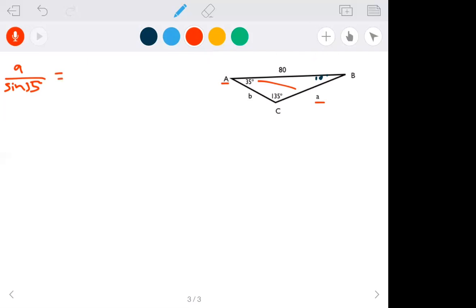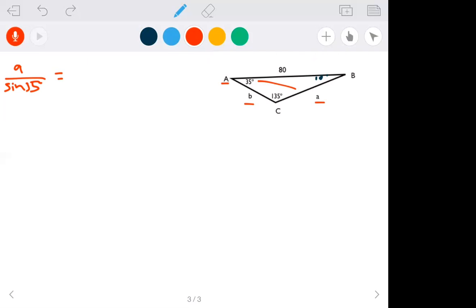That's equivalent to, we always pick the angle and side pair that we know both of them of. Do I know what side length B is and what the angle is? Well, I know that the angle is 10 degrees, but I don't know what the side length is.